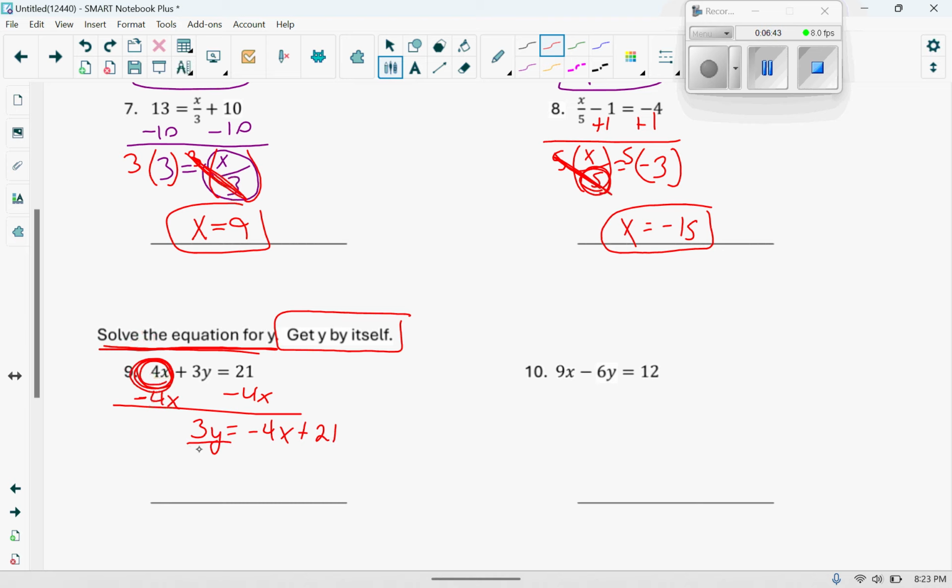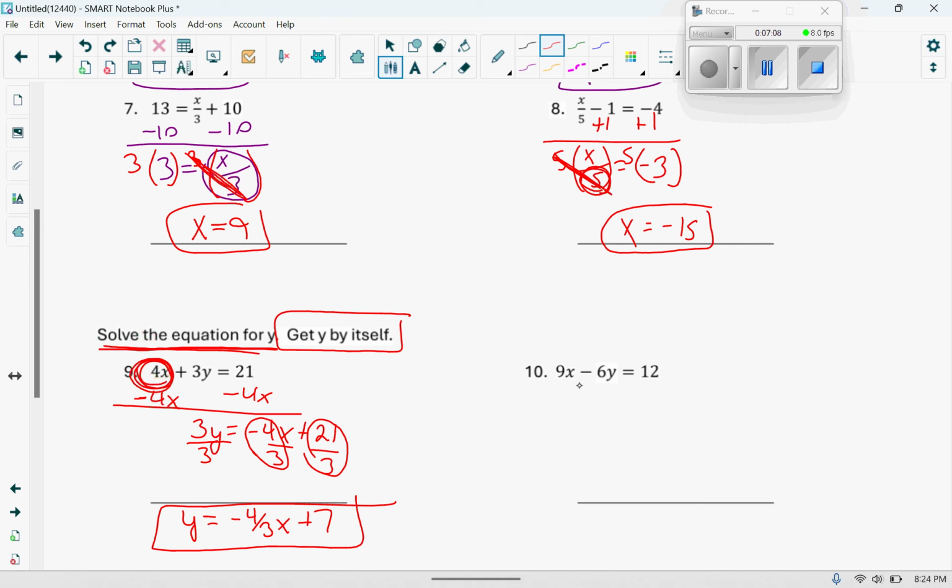And then I'm going to divide by 3. I'm dividing each term, so each of these things is like a term. I'm going to divide those each by 3. And so I get y is equal to negative 4/3 x plus 7. So notice this I can't simplify, but this I can.